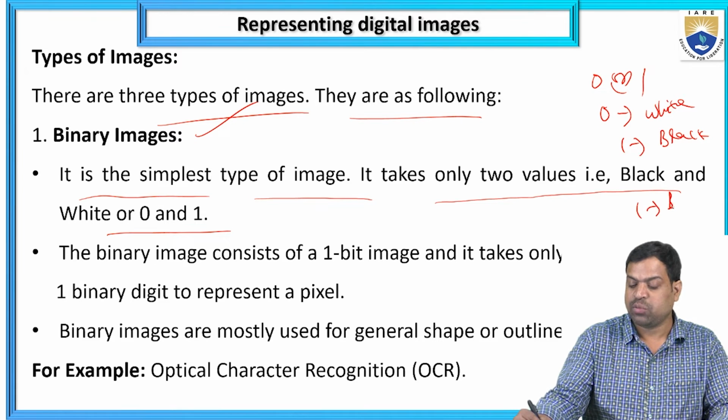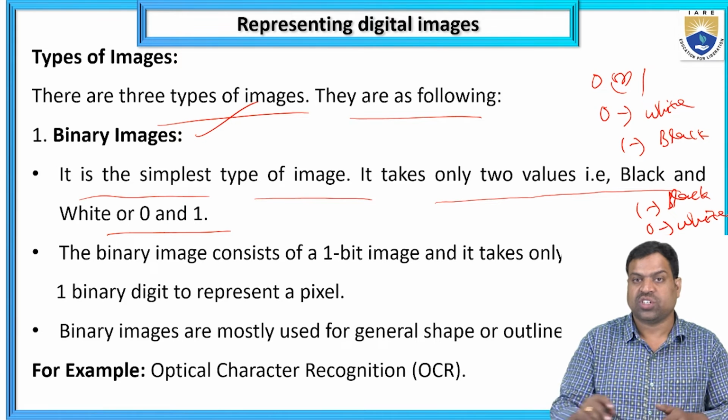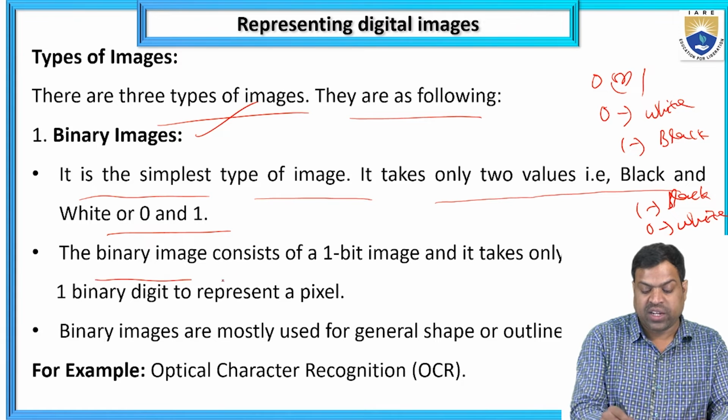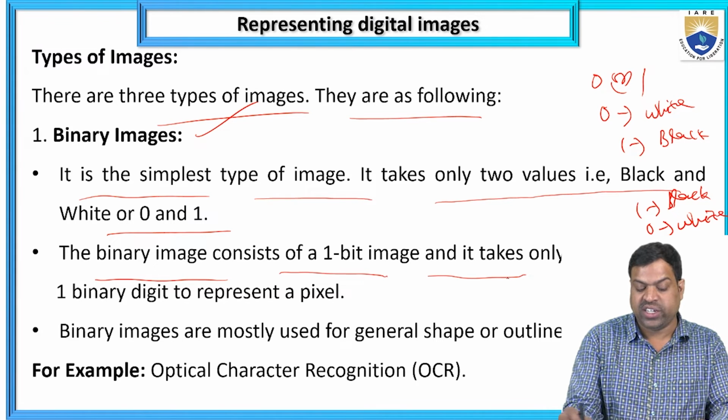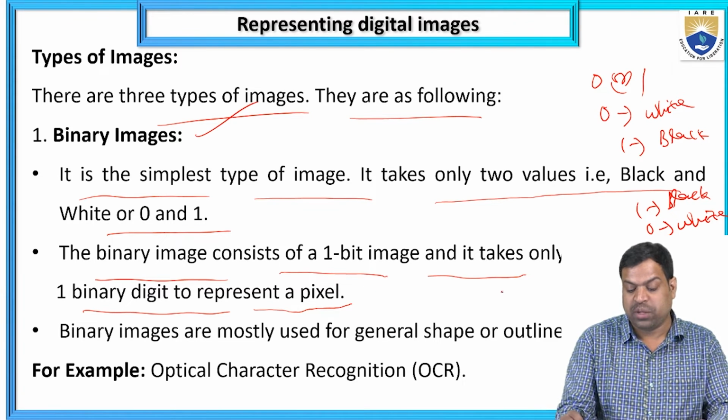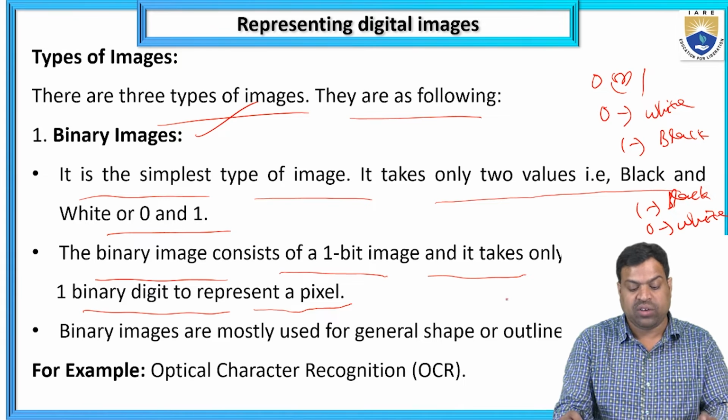Or if 1 equals black, then 0 is white. So there are only 2 options: white or black, 0 or 1. The binary image consists of a 1-bit image, and it takes only 1 bit of digital representation for a pixel.